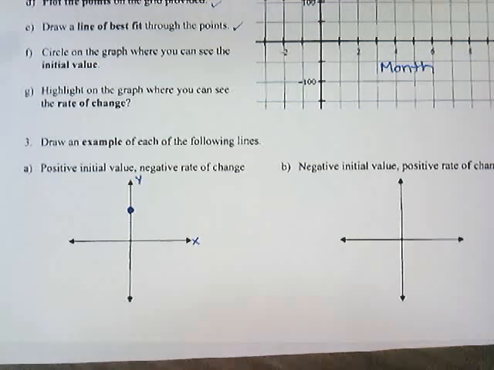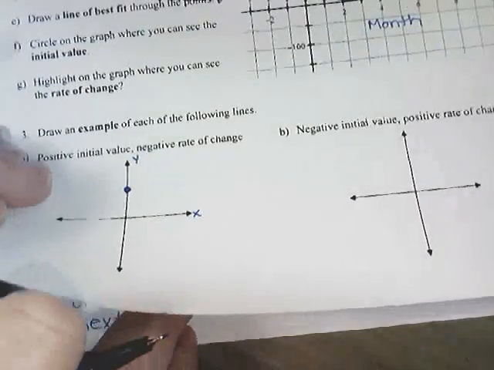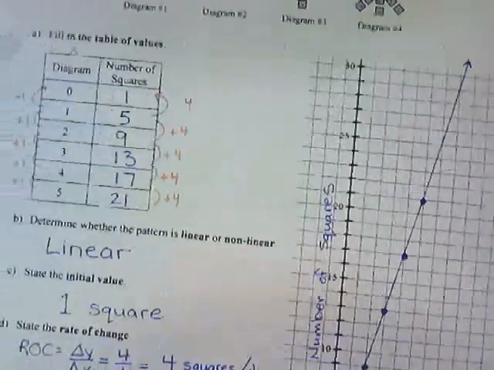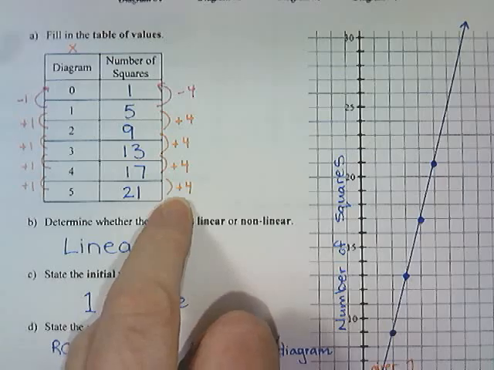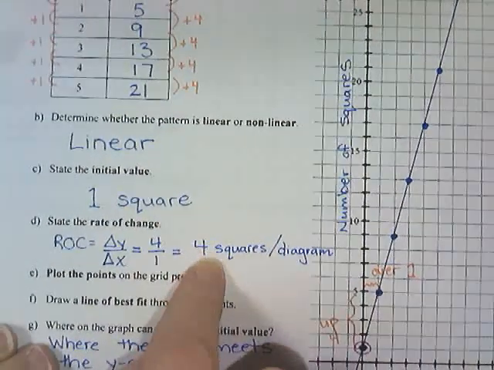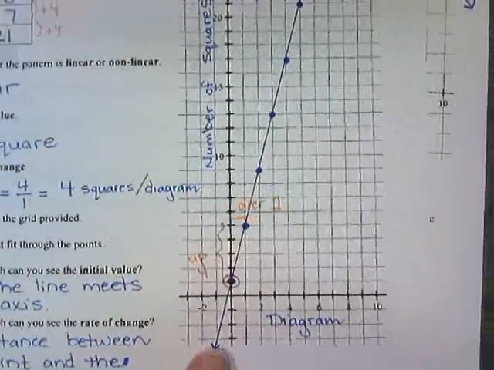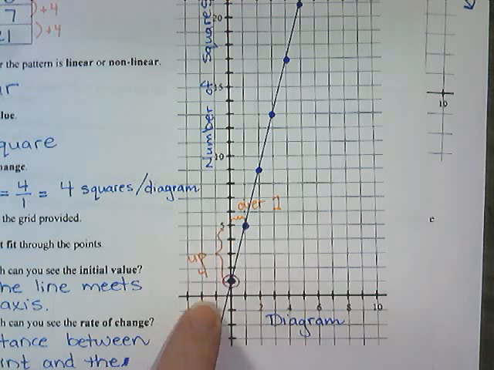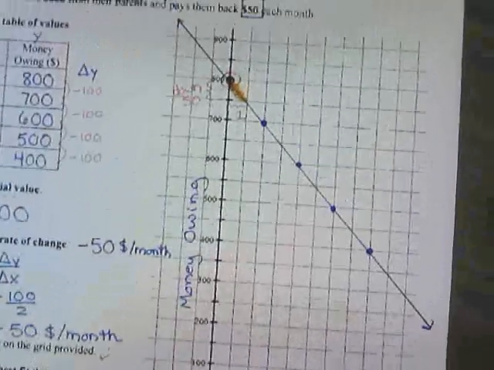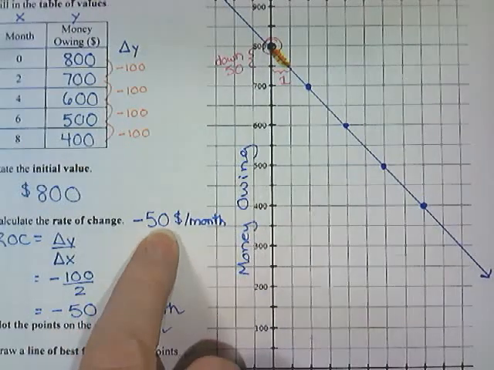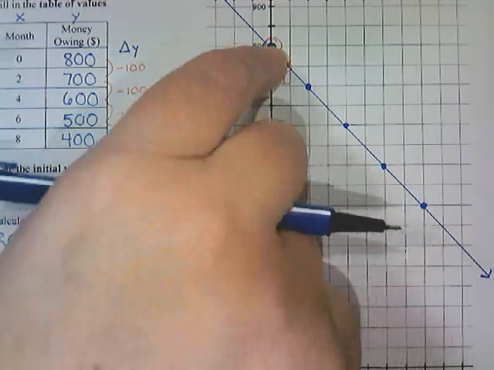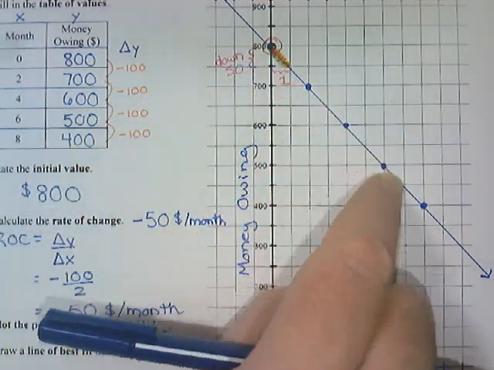And then a negative rate of change. If I go back and look at our first example, my rate of change was positive 4. And I noticed that the line was going up 4, so it was going up. In this one, my rate of change was negative $50 per month, and I noticed that my values were all going down.